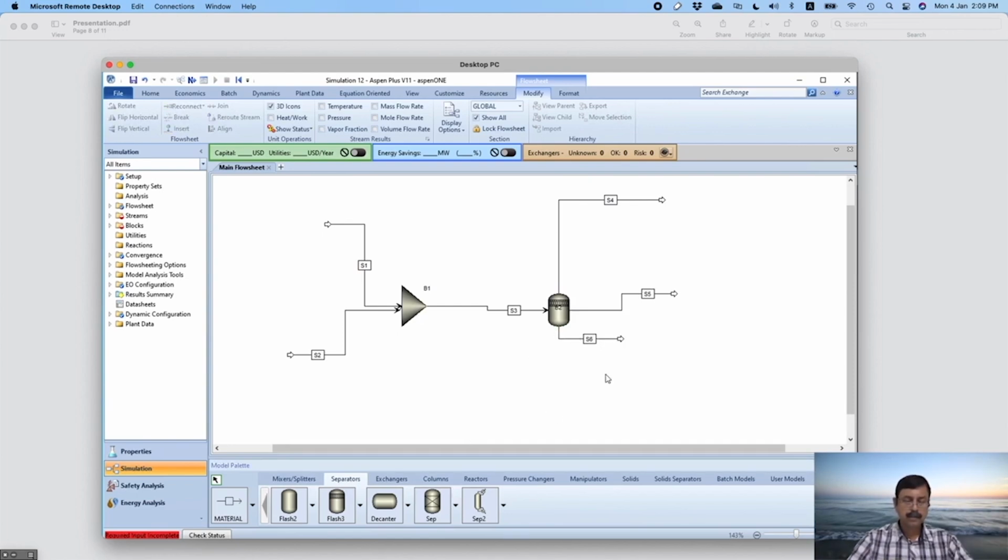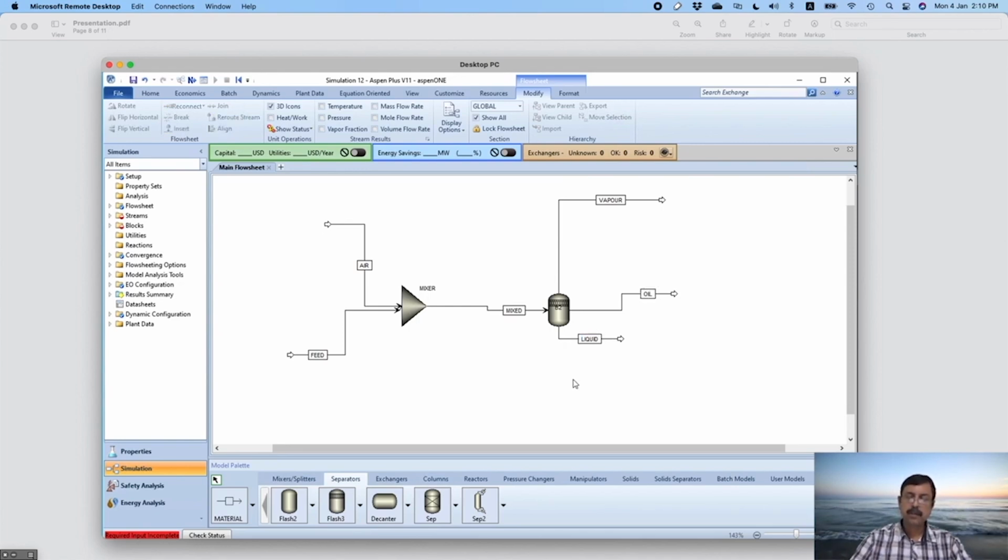So this is air, this is the other feed, this is the mixed feed, this is the mixer, this is vapor, this is oil, and finally this is liquid.